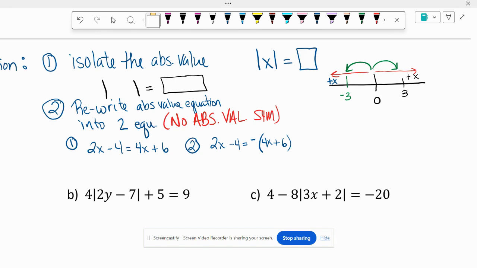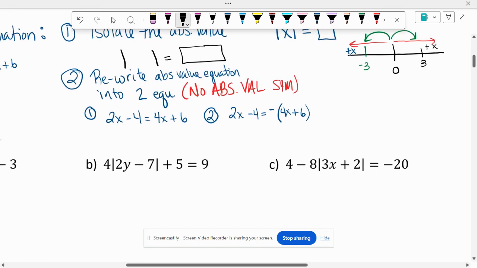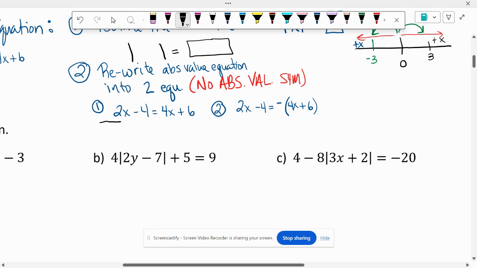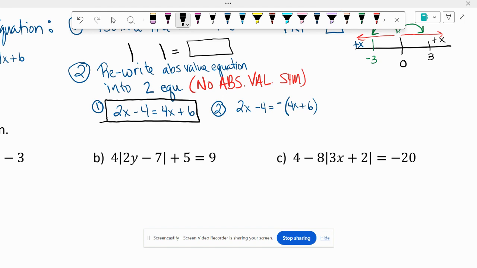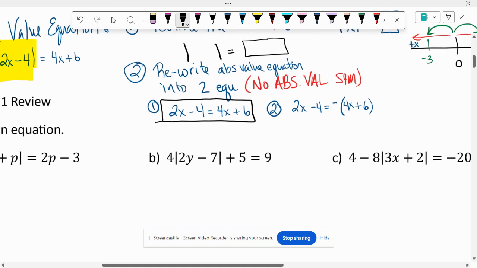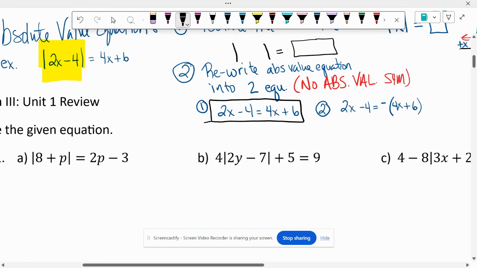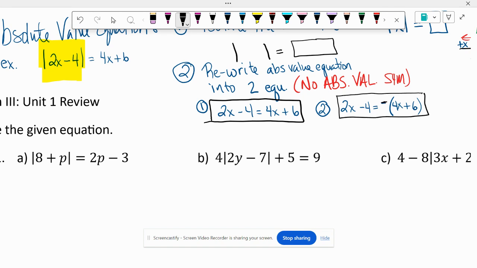So when you think about solving an absolute value equation, the first thing that you need to realize is that you're going to write two equations with no absolute value signs. The first one is whatever you got with the absolute value isolated. The second one, the right side, or whatever side doesn't have the absolute value, is going to be the opposite of that. And then you're going to end up having to distribute that negative.